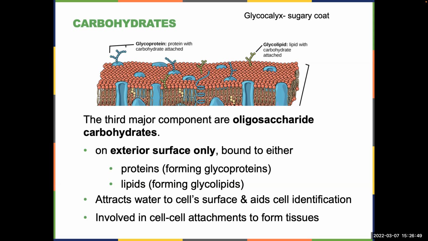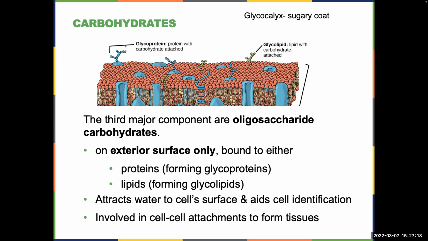Collectively, all of the carbohydrates on the surface are called the glycocalyx, that sugary coat we talked about before. This is going to do things like attract water to the cell surface. This is very beneficial for the cell. The specific proteins can help, in addition to the MHC proteins that we saw.